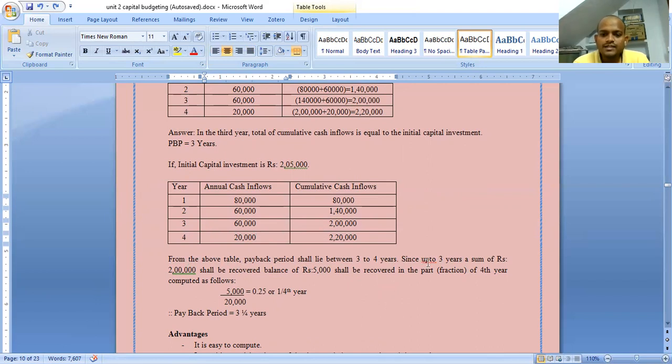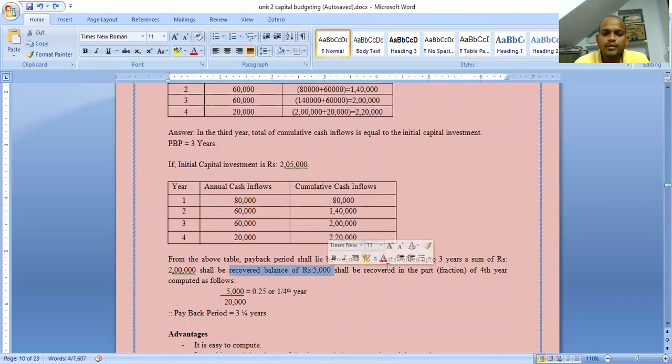Since up to 3 years a sum of 2 lakhs is recovered, the balance of 5,000 shall be recovered in a part or fraction of the year. So, how much is the fraction? 5,000 divided by 20,000.